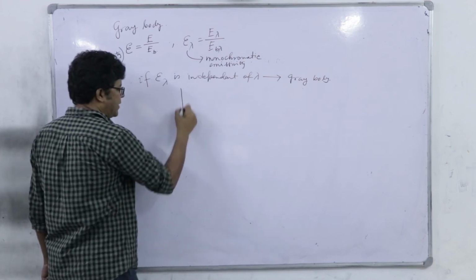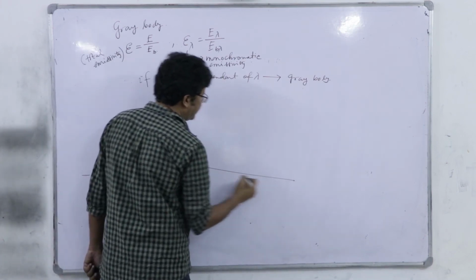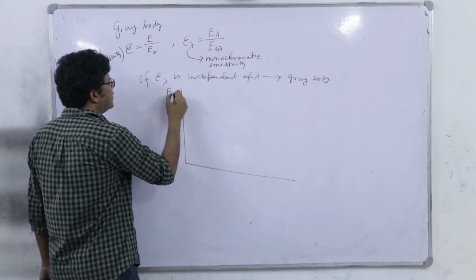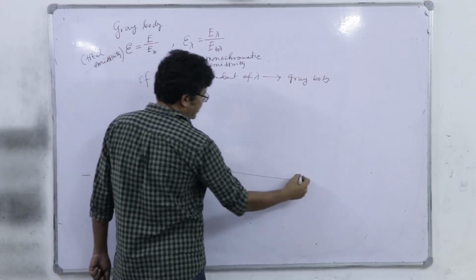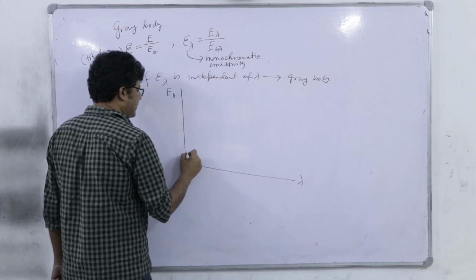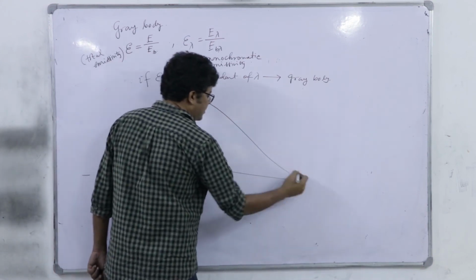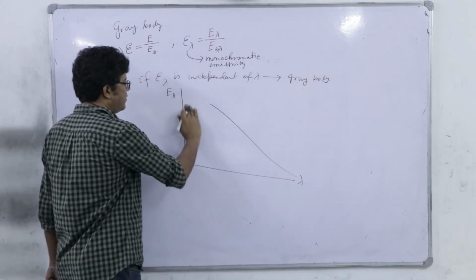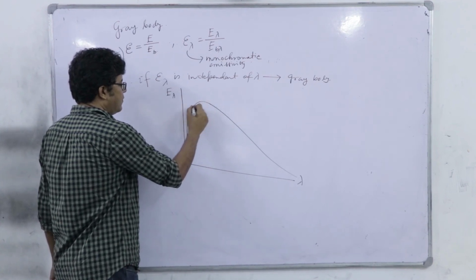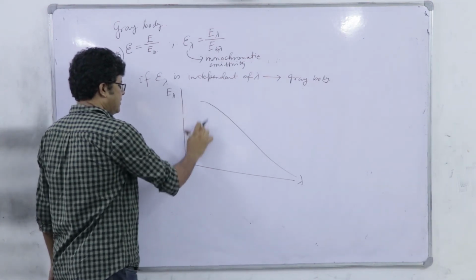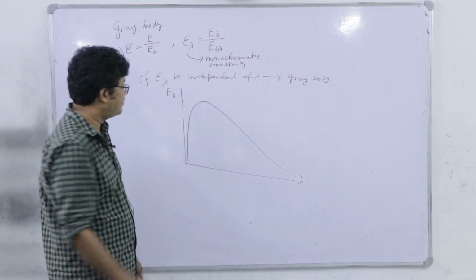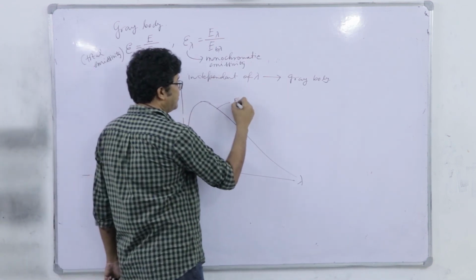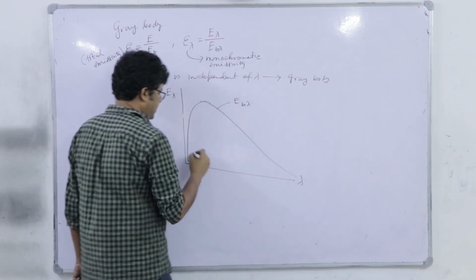So, what will happen actually? See, E lambda versus lambda. This is the large enveloping curve, this is a black body, EB lambda, right.